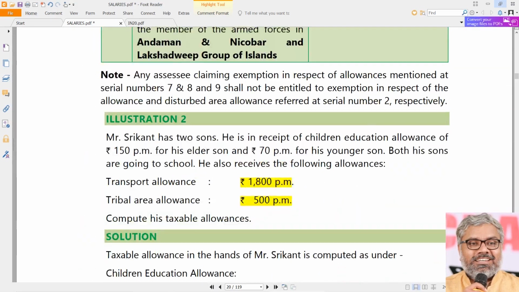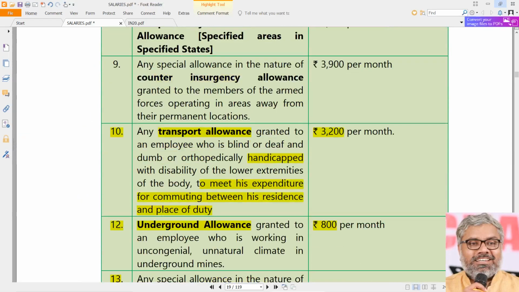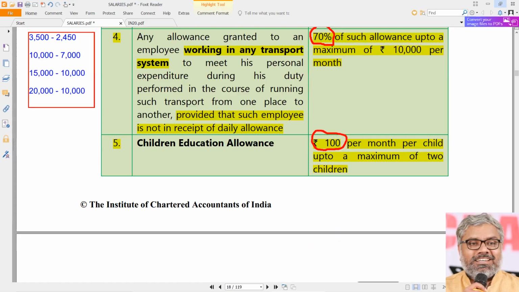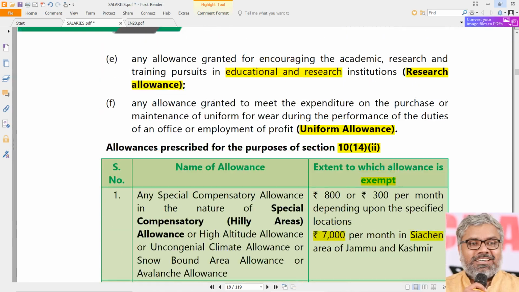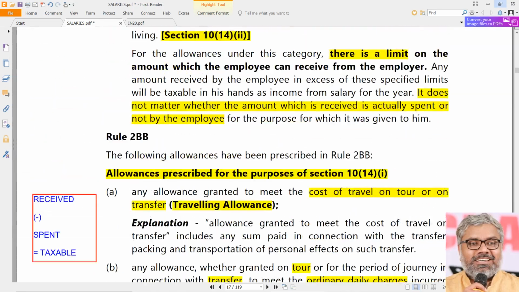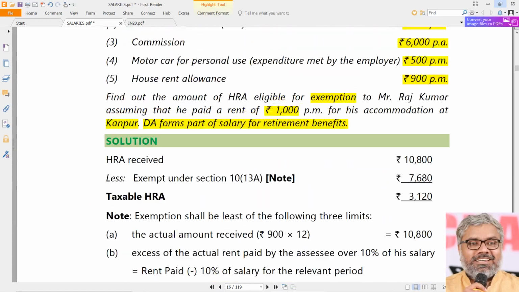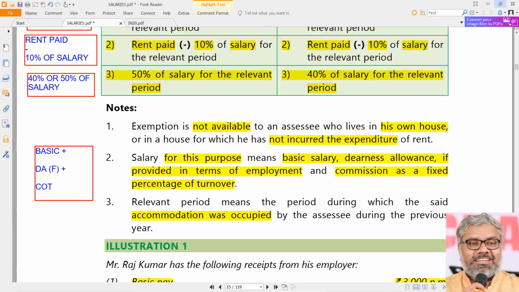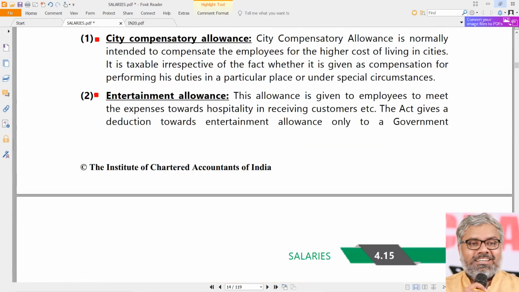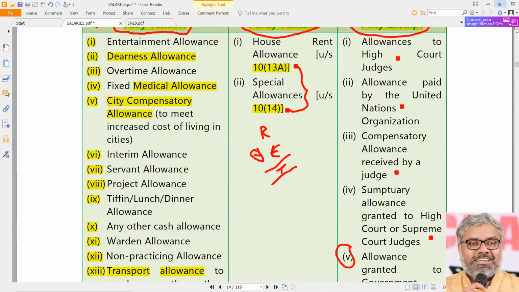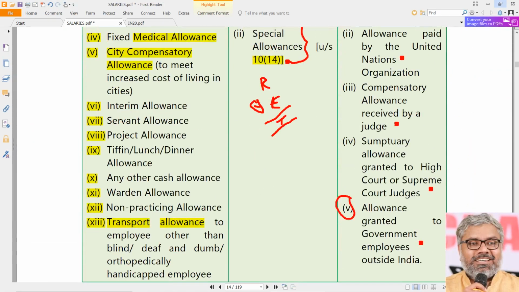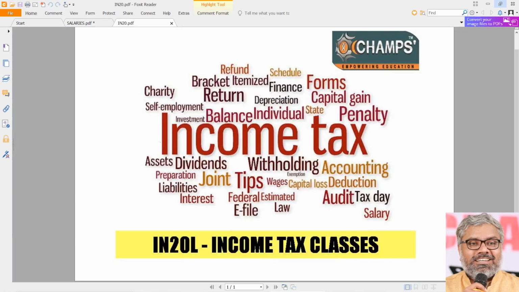You should worry about 10(14)(i) and 10(14)(ii), the names of them, the amounts, how much is exempt, and 10(13A), how to calculate HRA exemption. These are the things we should worry about as far as examination problems are concerned. And what are all the fully taxable allowances? We should remember the names of them. These are all the various things that we should definitely remember and apply in the problems according to the information given in the problem.